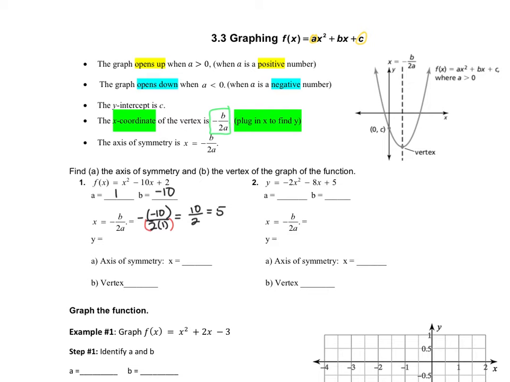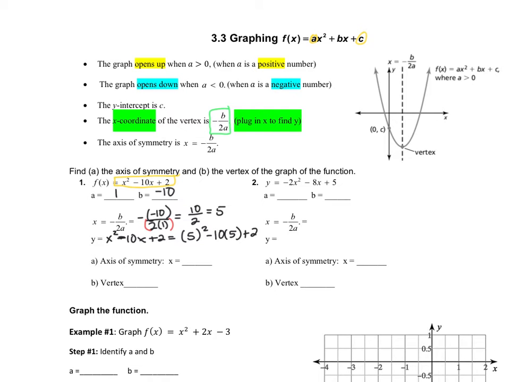So if x is 5 for your vertex, you have to plug it back into this function in order to find y. We have x squared minus 10x plus 2. We plug in 5: 5 squared minus 10 times 5 plus 2.